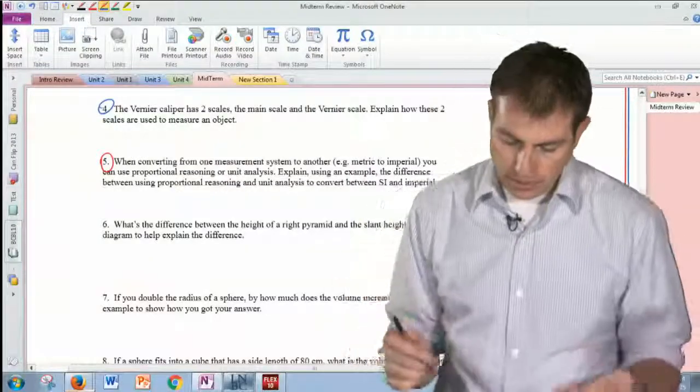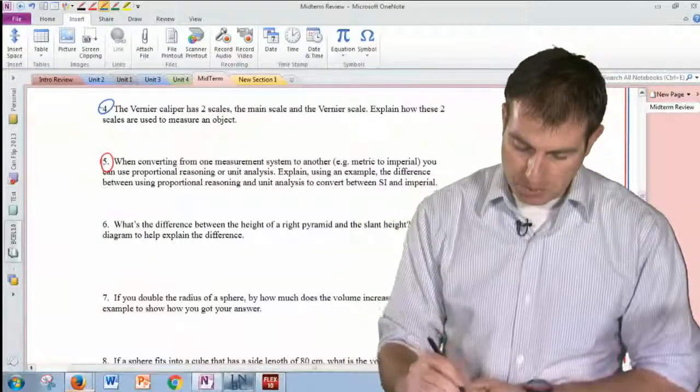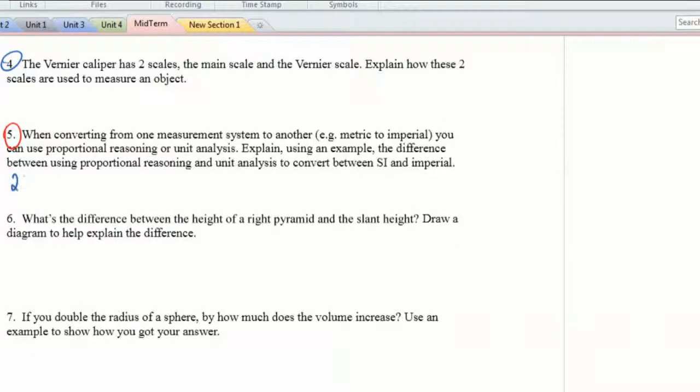So, let's look at an example maybe. Let's convert 2 feet into inches. So 2 feet is how many inches? There's my example. So this would be a unit analysis type method. I'd go 2 feet and I'd multiply it by, I know I want to get an answer in inches because that's what the question I've chosen asks for.